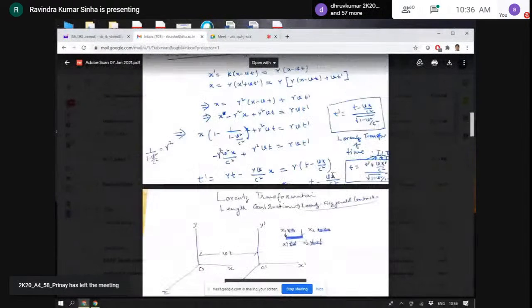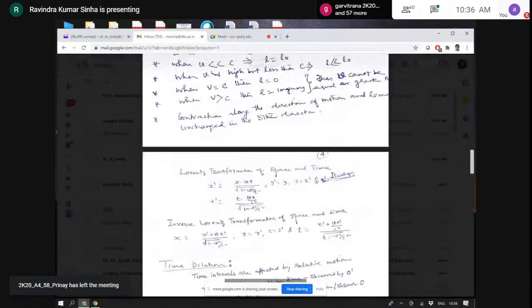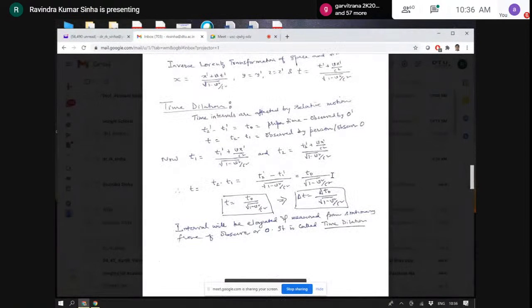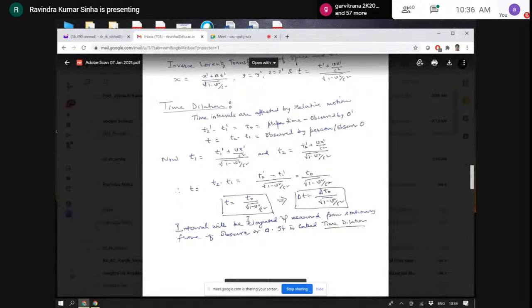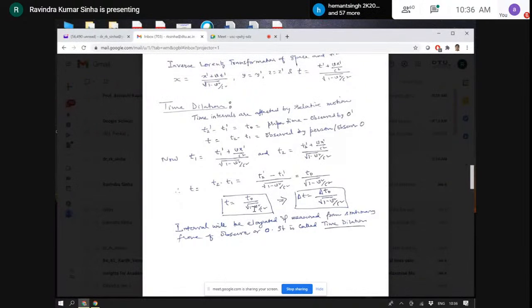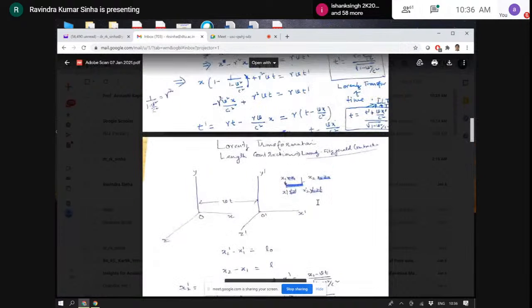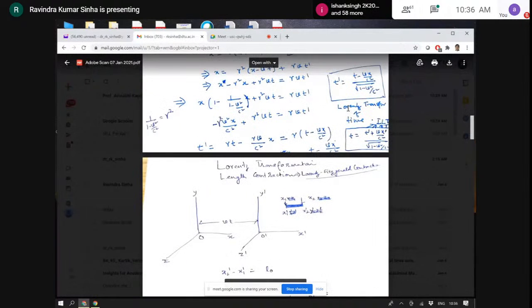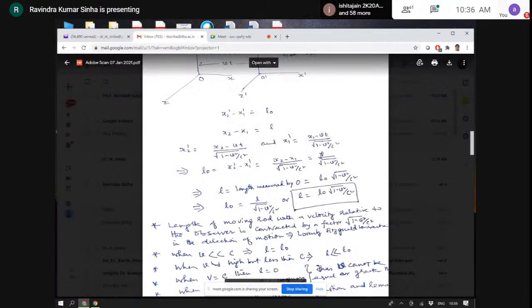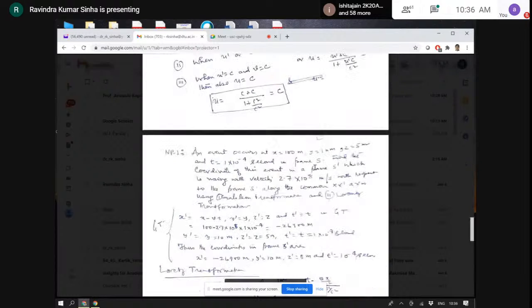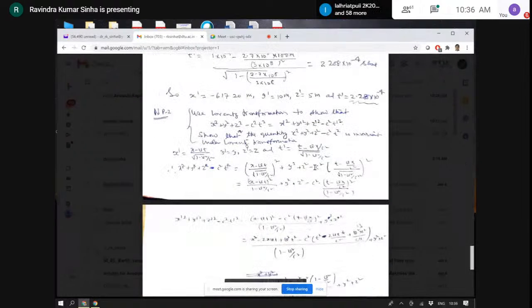Where is that? Where is that time dilation? Okay, we have derived it here. Yeah, this formula, the transformation of time. So that is what from there we are using in this numerical problem.